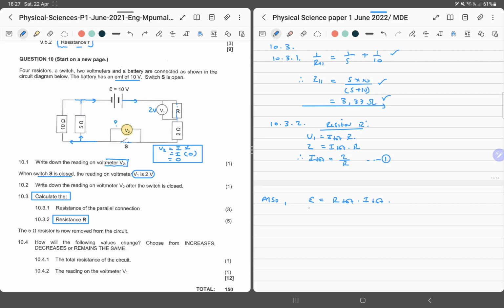EMF is given as 10 equals, the total resistance is going to be R parallel, which we got as 3.33, plus the 2 ohm resistor, plus R, which we don't know, multiplied by I tot, which is now effectively 2 over R.